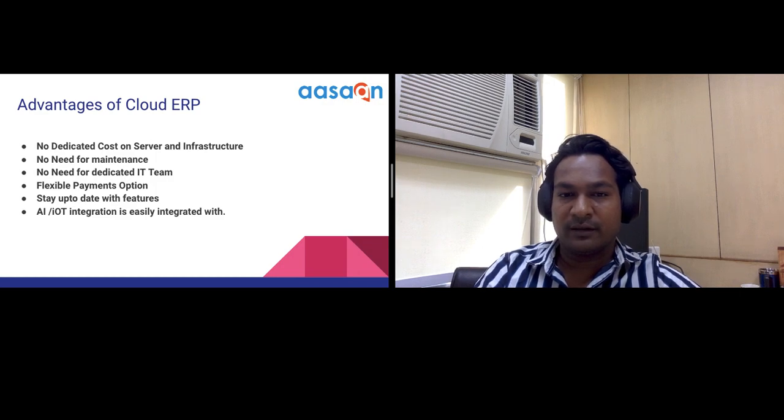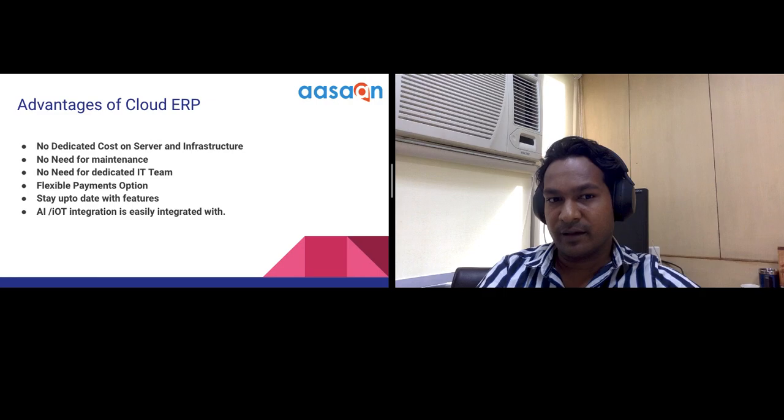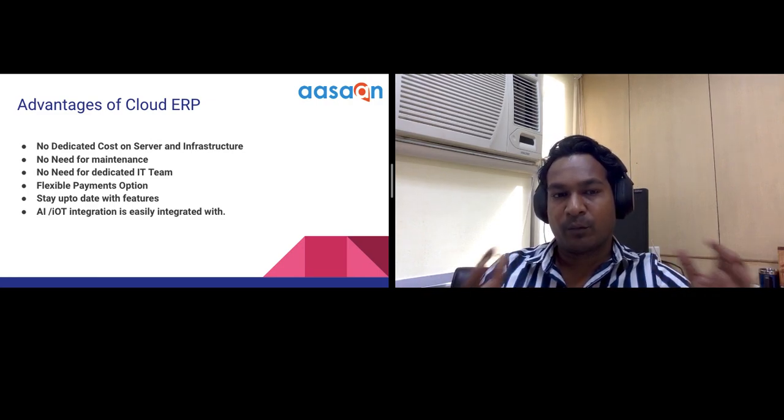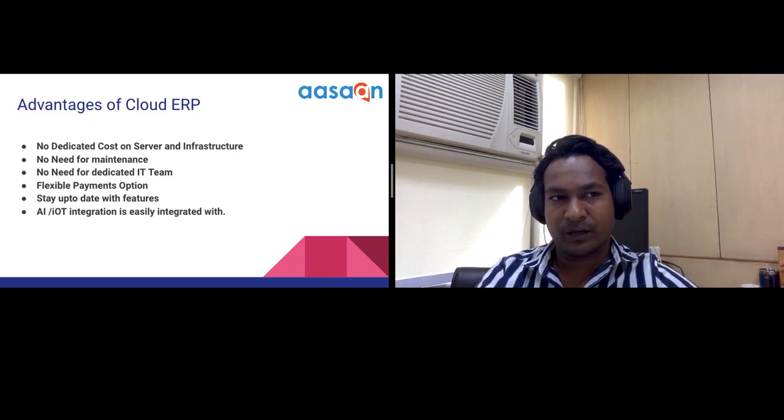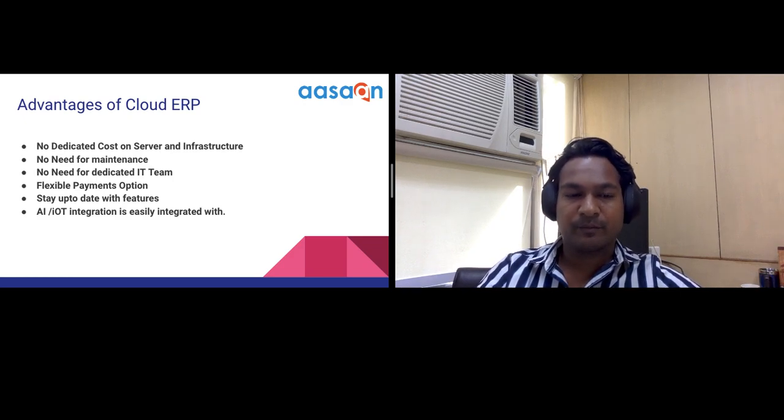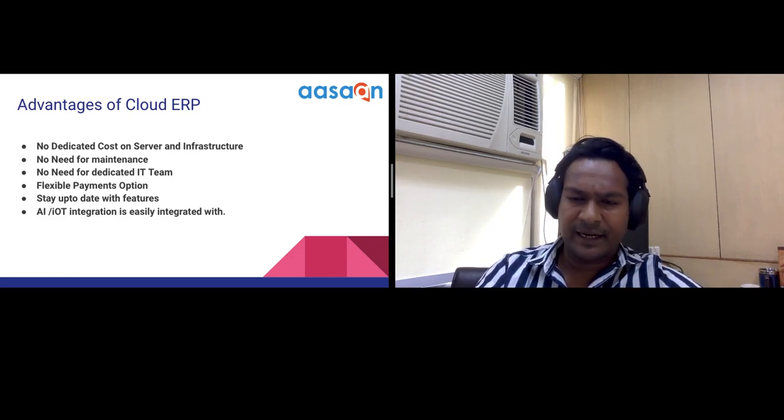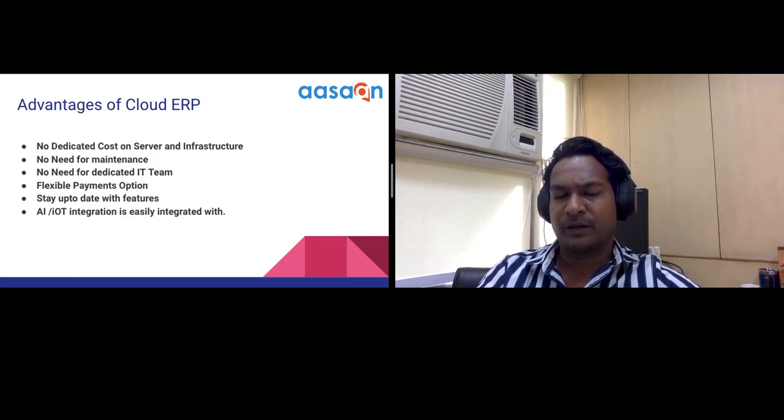That is also good with Cloud ERP, because you cannot make too many changes over here. That's why you try to fit yourself within a process or a particular boundary, and that's where your company also grows. It helps because you go with the standard procedures. And if you talk about today's AI and IoT integration, that's a general thing.